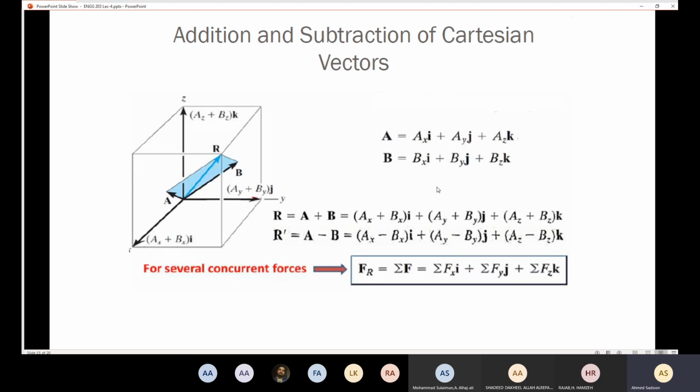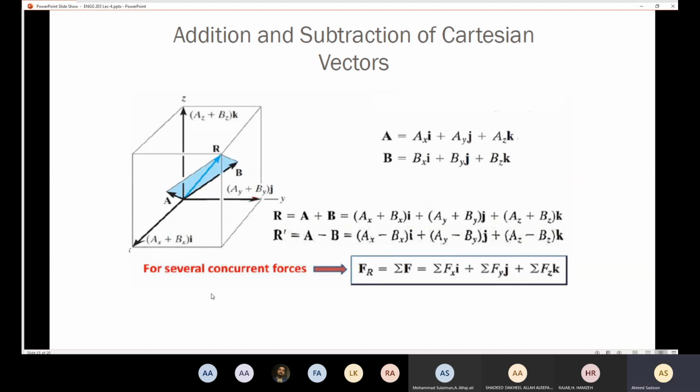So the component in the Y direction is going to be Ay plus By. And regarding k, the new component is going to be Az plus Bz. That is why using Cartesian vectors is very easy. And if you want to subtract A and B, you are going to say that R prime is going to equal A minus B. The only difference is that instead of having positive, you are going to have negative.